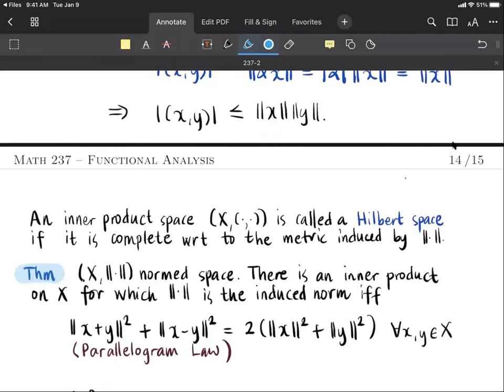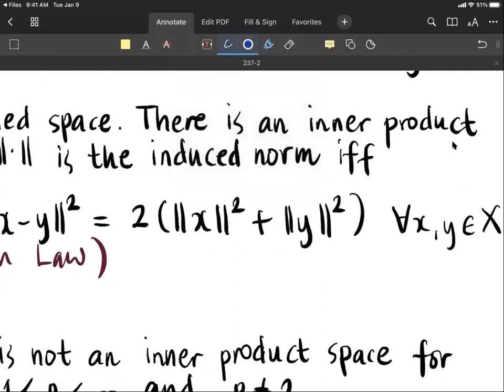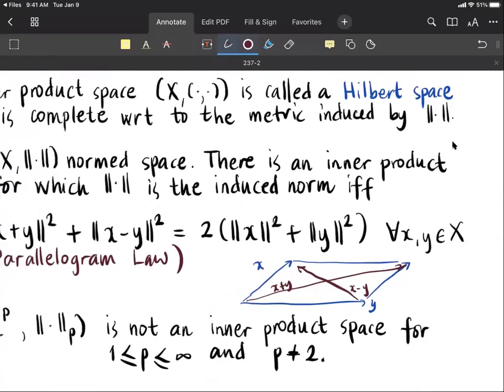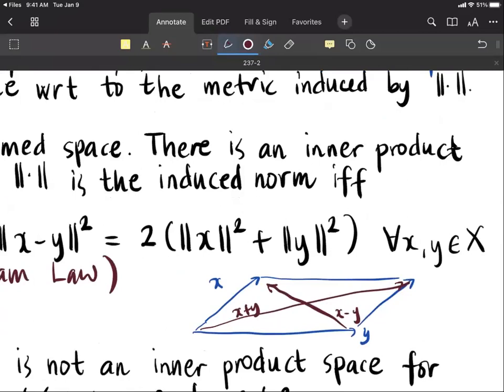Why is this called the parallelogram law? So in geometry, okay, let's say this is your X, this is your Y. This diagonal would be X plus Y. The other diagonal would be X minus Y. So this tells us that if you take the squared lengths of the diagonals and take the sum, that is the same as the sum of the squares of the lengths of all the sides of the parallelogram.